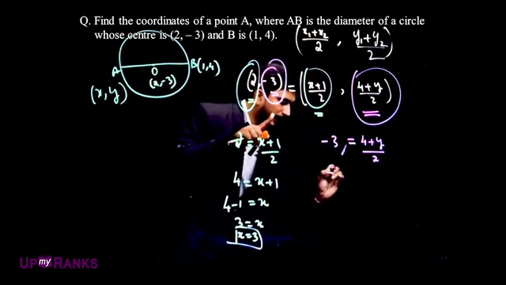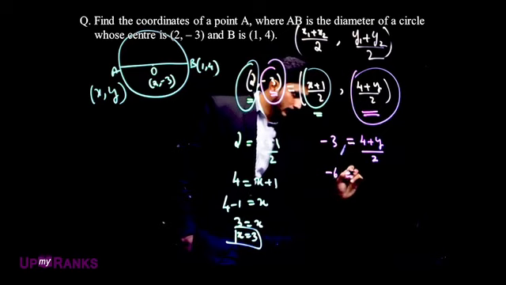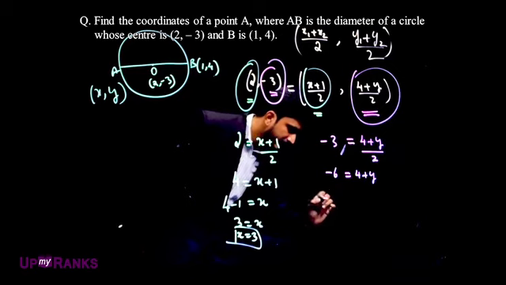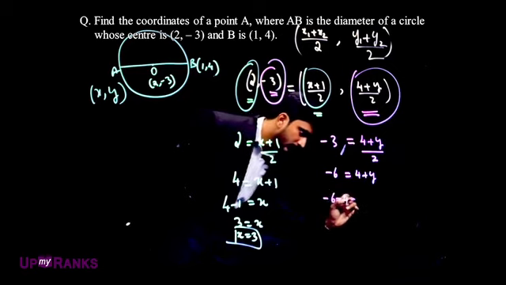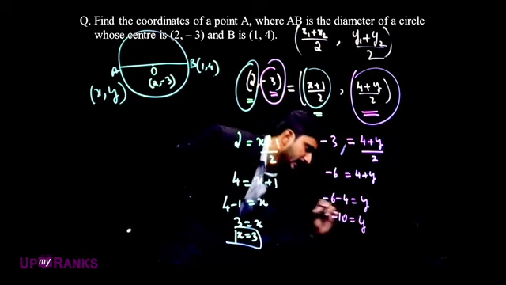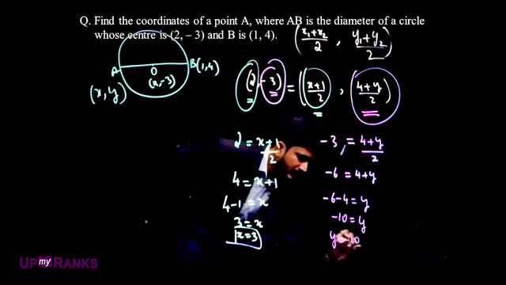I cross multiply, I get minus 3 into 2, which is minus 6, is equal to 4 plus y. When I transfer 4 to the other side, I get minus 6 minus 4, which is minus 10, which means y is equal to minus 10.